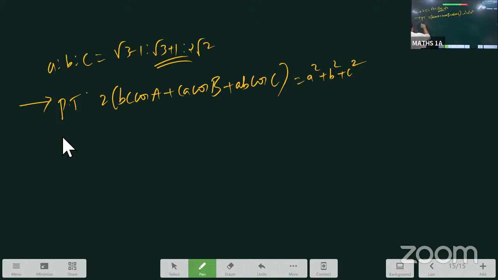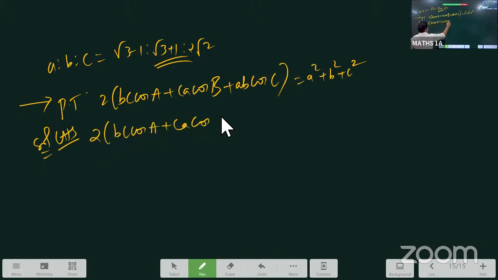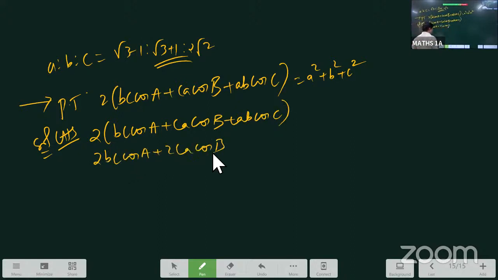Now take your LHS: 2 times of BC cos A plus CA cos B plus AB cos C. That is 2BC cos A, 2CA cos B. You multiply 2 inside. Is it clear?